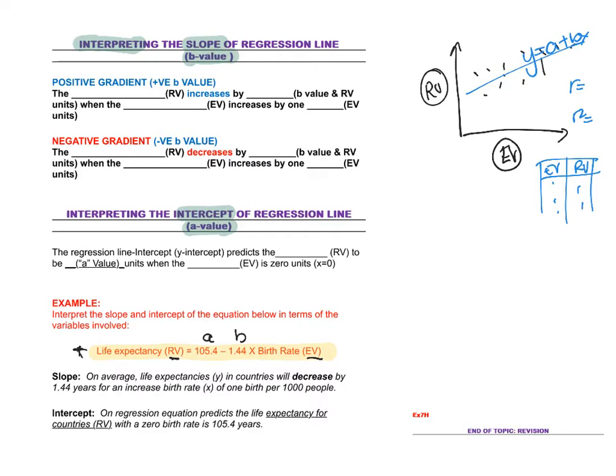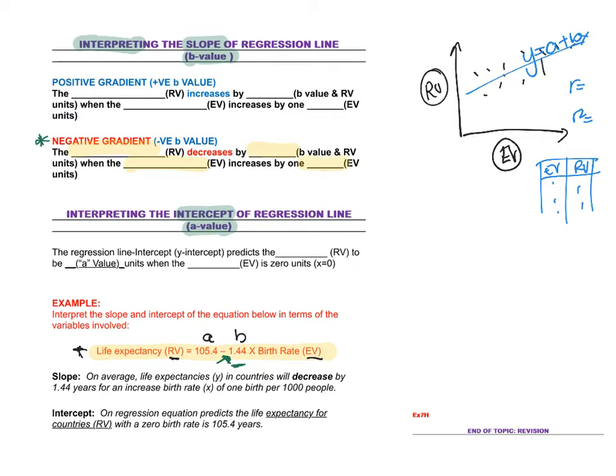So what I've done for you is simply made a fill in the blanks on what you can do. So if you look at this B value, if I'm asked to interpret the slope, is it negative or positive? Down here in this example, it's negative. So up here, I'd use this little comment and you need to write it out word for word. Where there is a blank space, that's where you'll have to fill something in, okay?